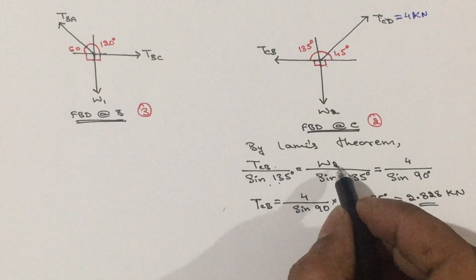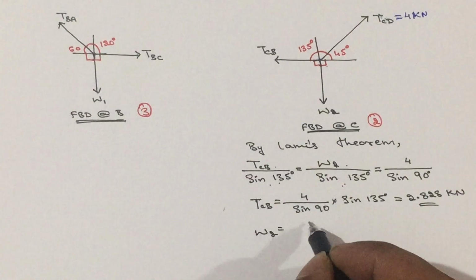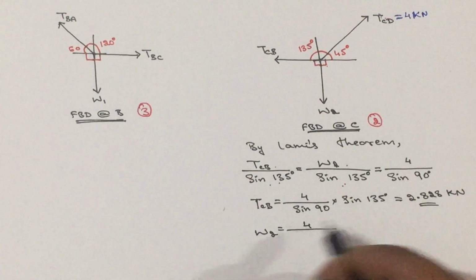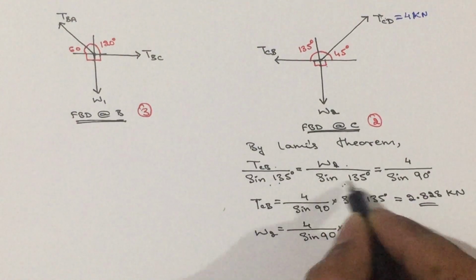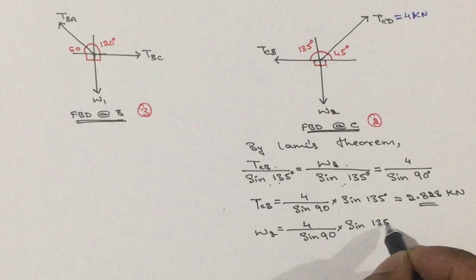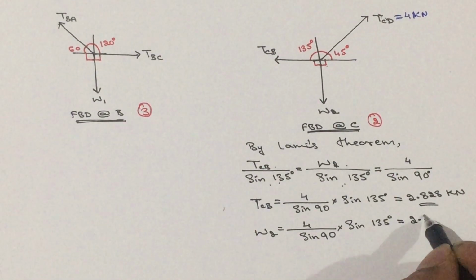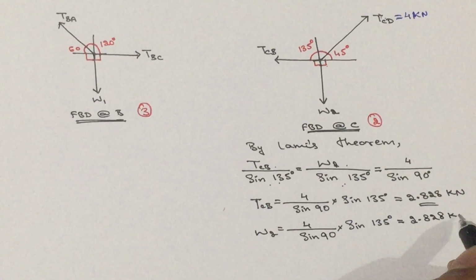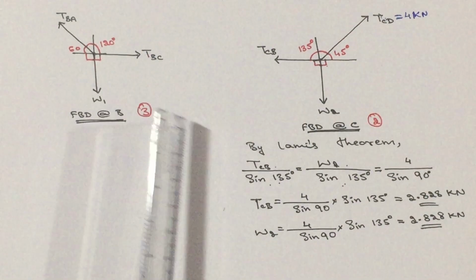Then like that, select the second part and the last part, you are going to get W2 is equal to 4 divided by sine of 90 multiplied by sine of 135. So you are going to get the same value, that is 2.828 kilonewton. Okay. Once we calculate this free body diagram, we will move on to this free body diagram.